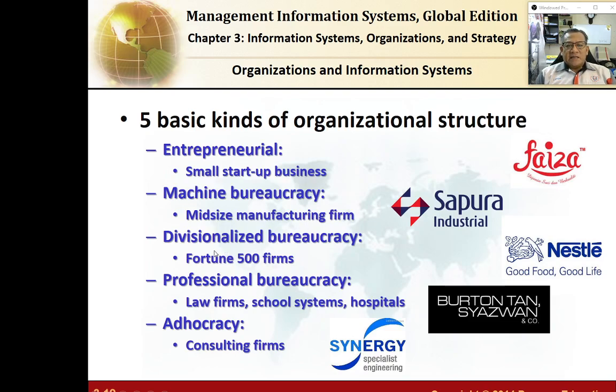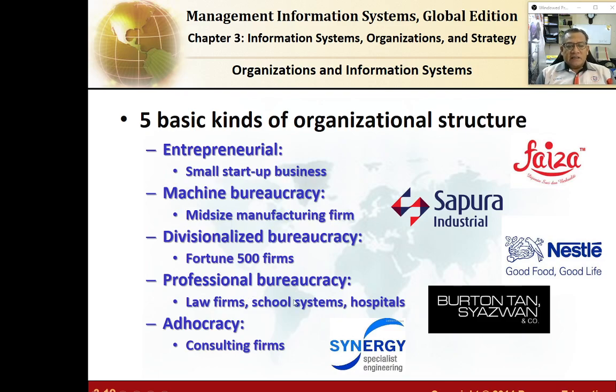The third kind of organization is called a divisional bureaucracy. This is basically a multinational, even bigger or a large company, for example like Nestle, because they operate internationally. The fourth kind of organizational structure is called a professional bureaucracy.